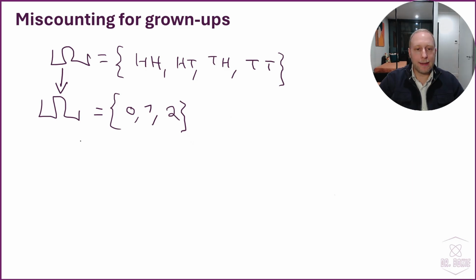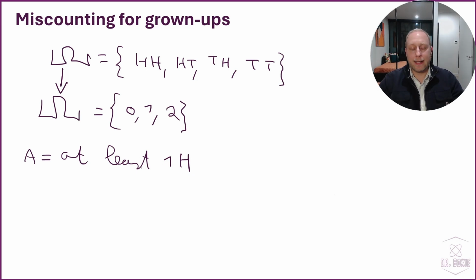If I then look at the event A being at least 1 time heads, and we blindly apply the formula I wrote on the previous slide, namely the probability of A being the number of outcomes that obey A in the numerator and the total number of outcomes in the denominator, then we get in the denominator 3 possible outcomes in this sample space, 0, 1, and 2.